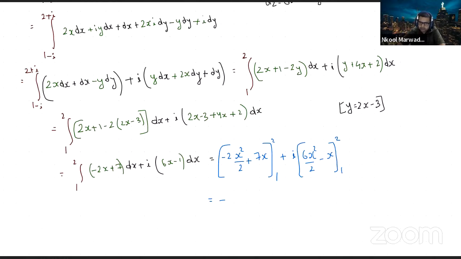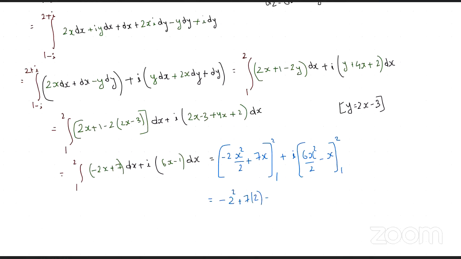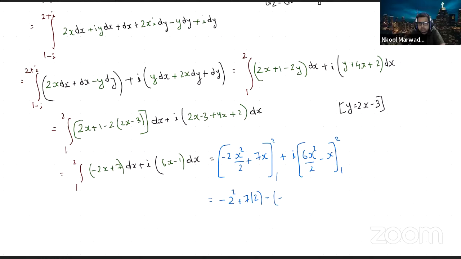And when I put the limit, it will become minus 2 square plus 7 into 2, minus, minus 1 plus 7.